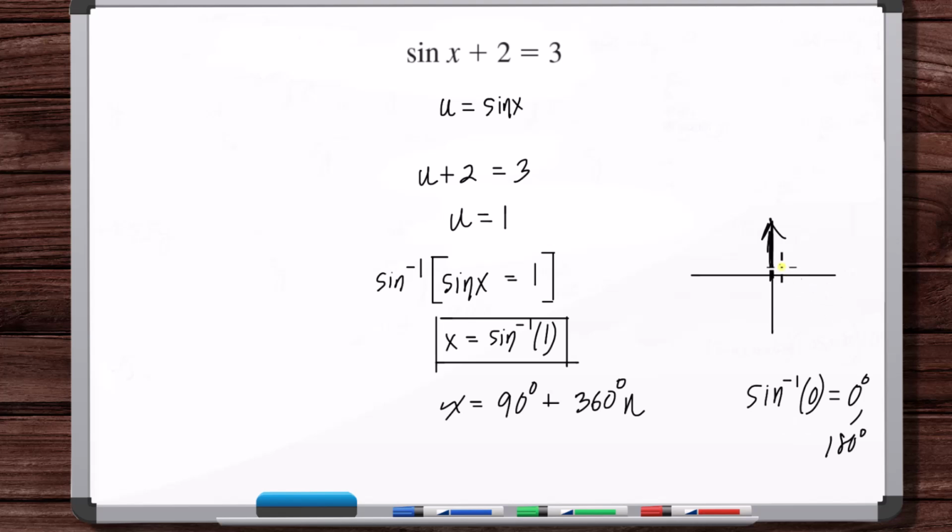But with the other quadrantal angles that correspond to a non-zero value, it's only going to be one. If you're taking the inverse of a number that's not 0 and that corresponds to a quadrantal angle, there's going to be one angle between 0 and 360 that answers that question, and in general, it'll be any angle coterminal with that. I just wanted to point that out.